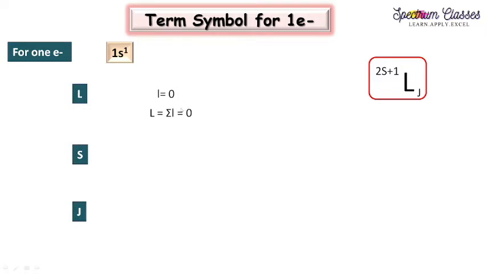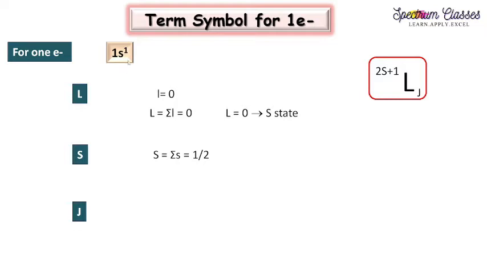The next thing, we now assign the state for this total orbital angular momentum. Here this capital L is equal to 0, which means it is an S state. The next step is to determine S, the total spin angular momentum. Here S is equal to the summation of s.